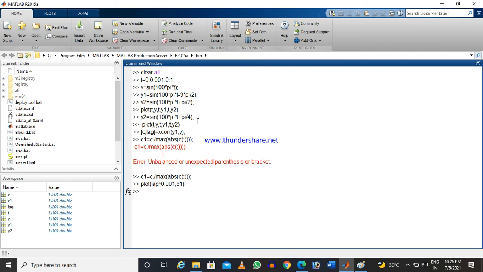The other signal means y2, which leads by pi by 4, that is 2.2 milliseconds. Okay. So here it is y2, and we will be plotting.